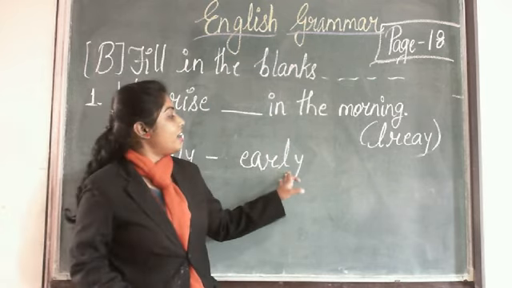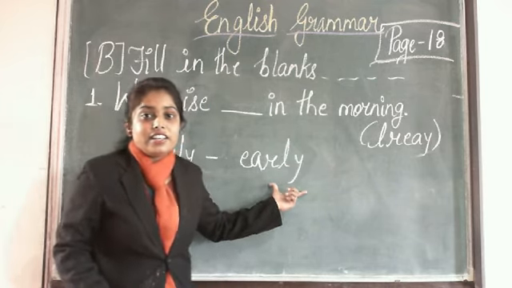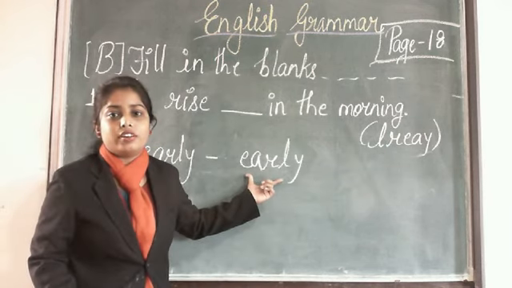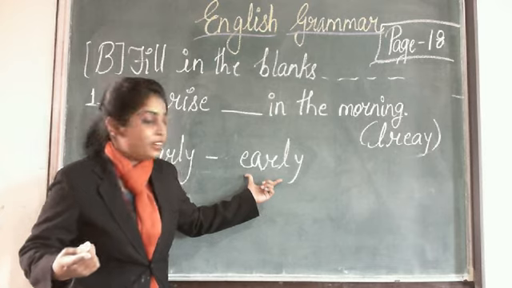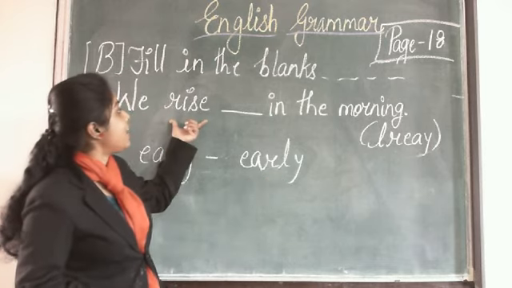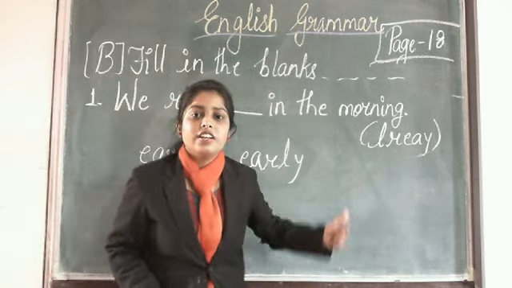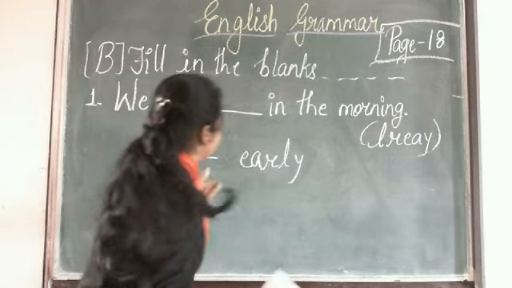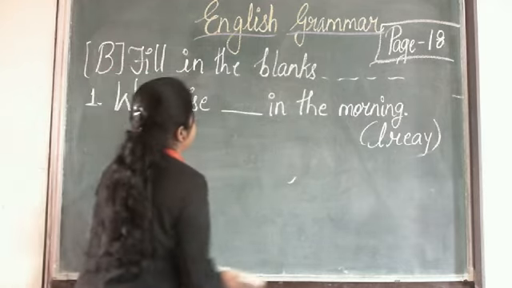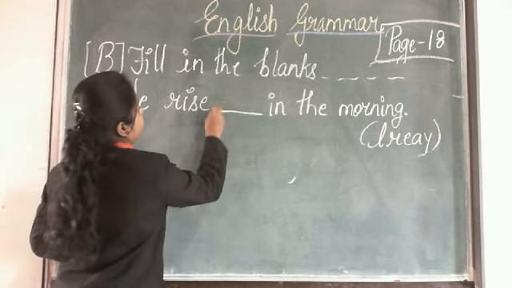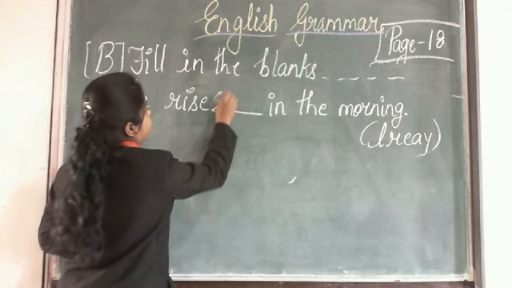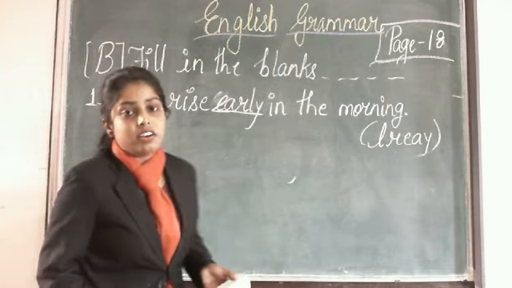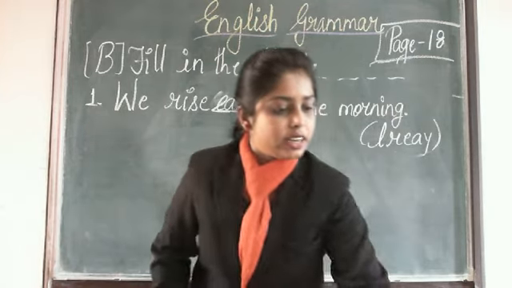So E-A-R-L-Y, early. With these scrambled letters, we have got one word, one adverb to be precise. So we rise early in the morning. With this word we have to fill in the blank. So let's write early here: E-A-R-L-Y.